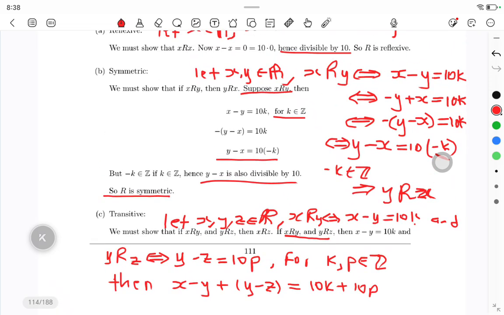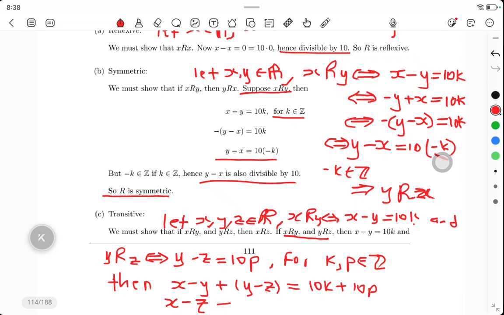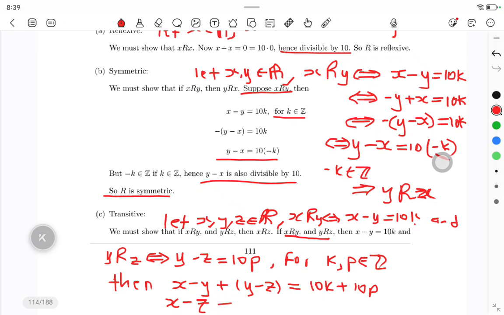We're going to have x minus z, which will be equal to 10 times k plus p. Indeed, this is a multiple of 10. And then we show that k plus p is an element of the integers. You see right now?